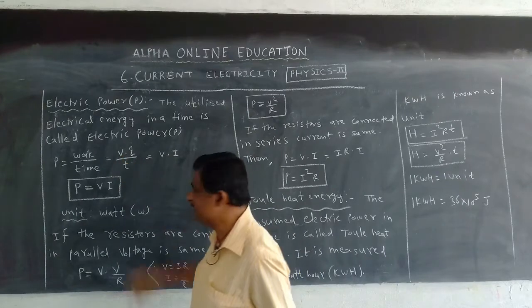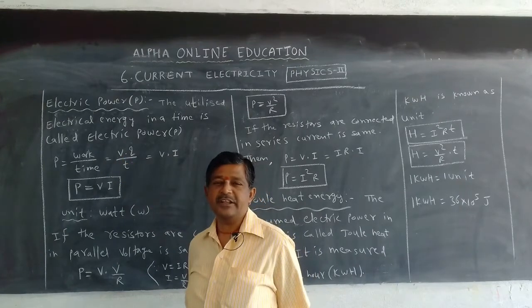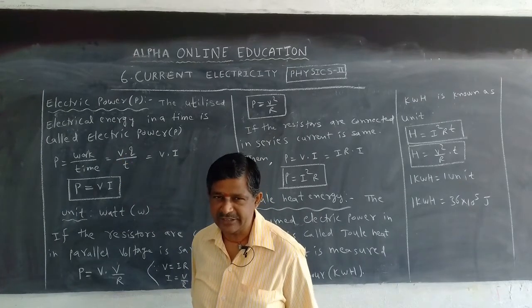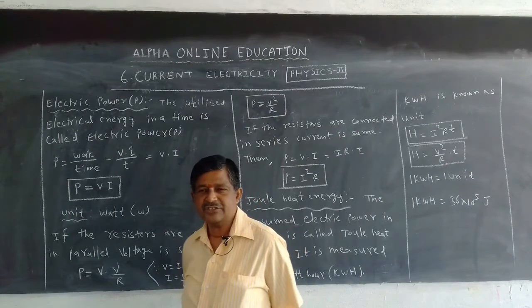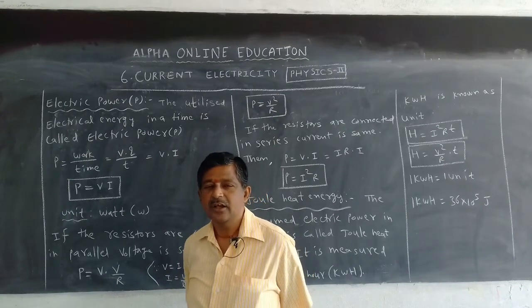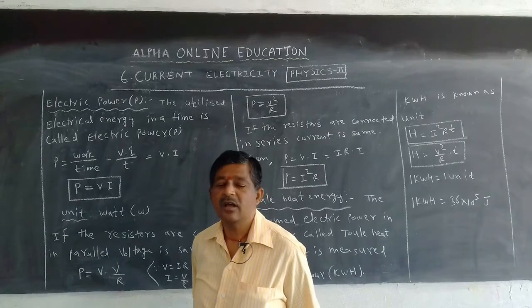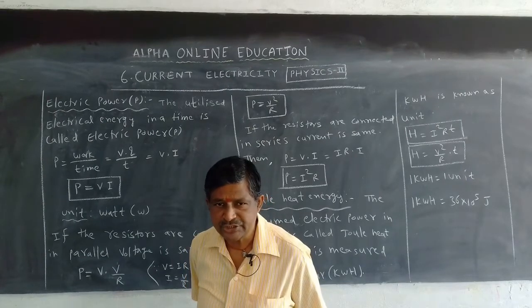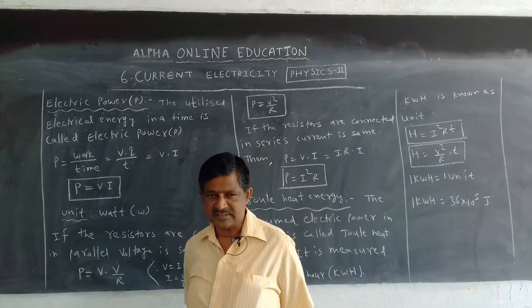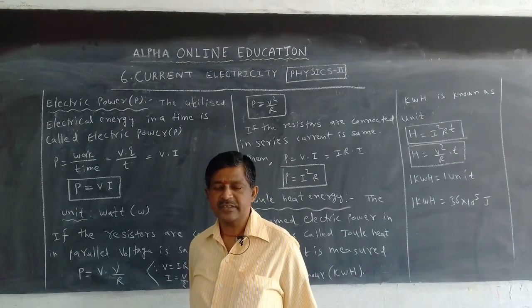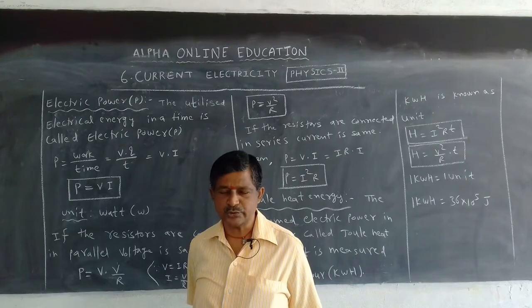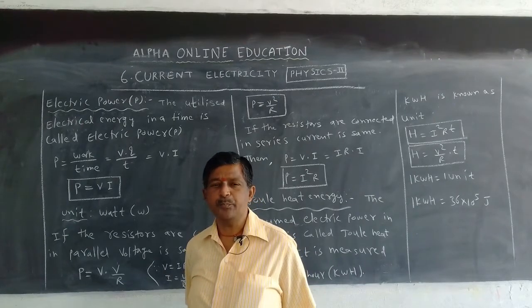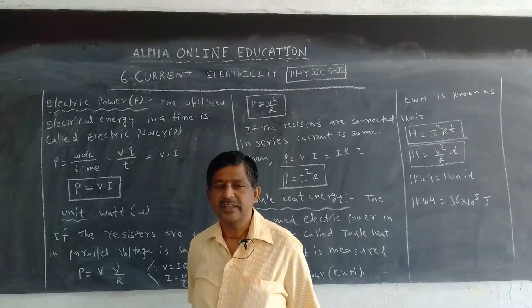How can we get this equation? From the definition of electric potential. What is the definition of electric potential? Work done on unit positive charge to shift against the field from infinite distance to a certain point is called electrical potential.